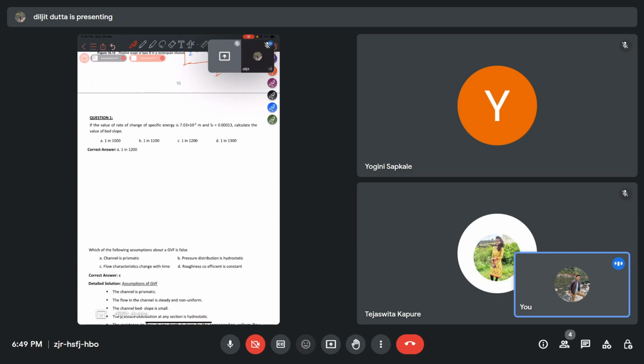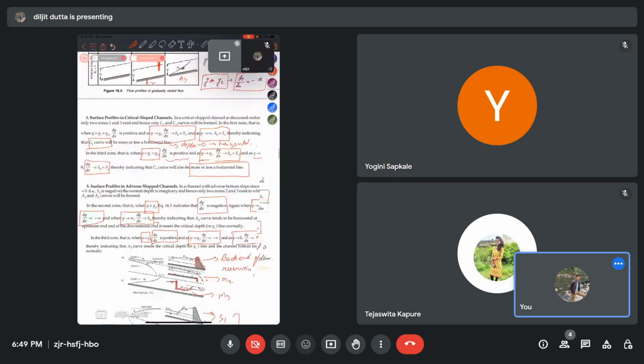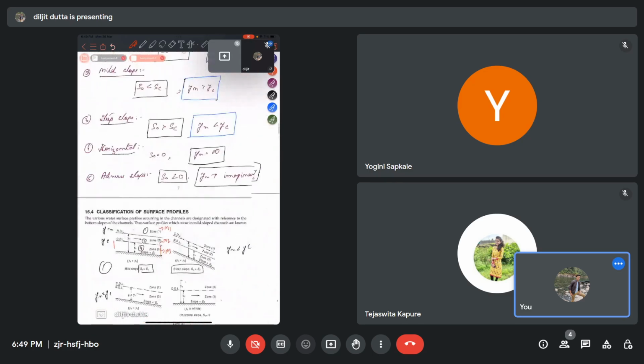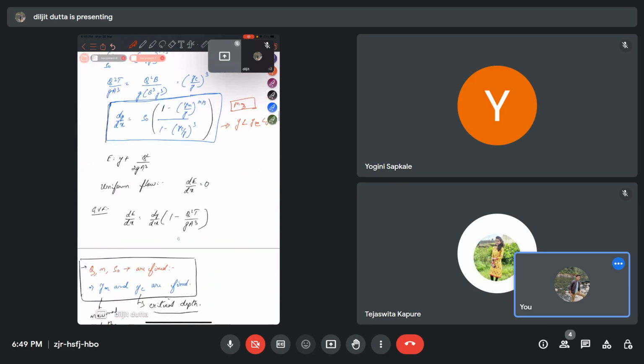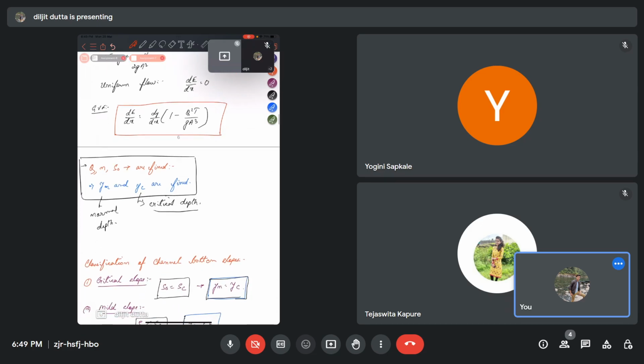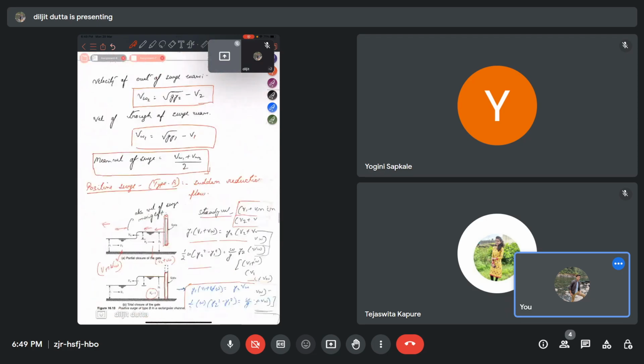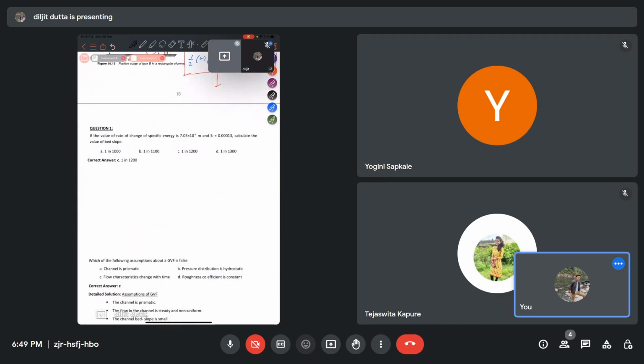We have seen before the formula for dE by dx. dE by dx equals dy by dx into 1 minus Q squared T by g A cubed.